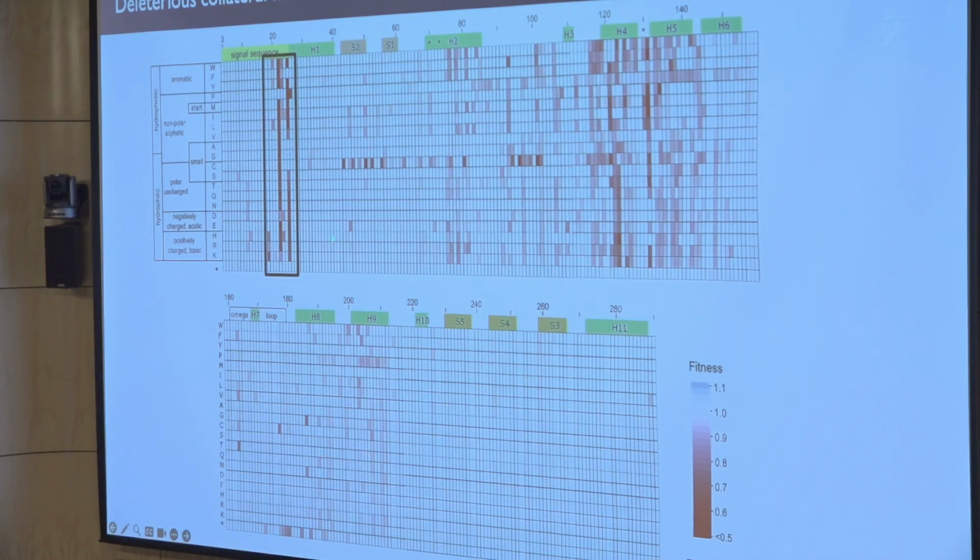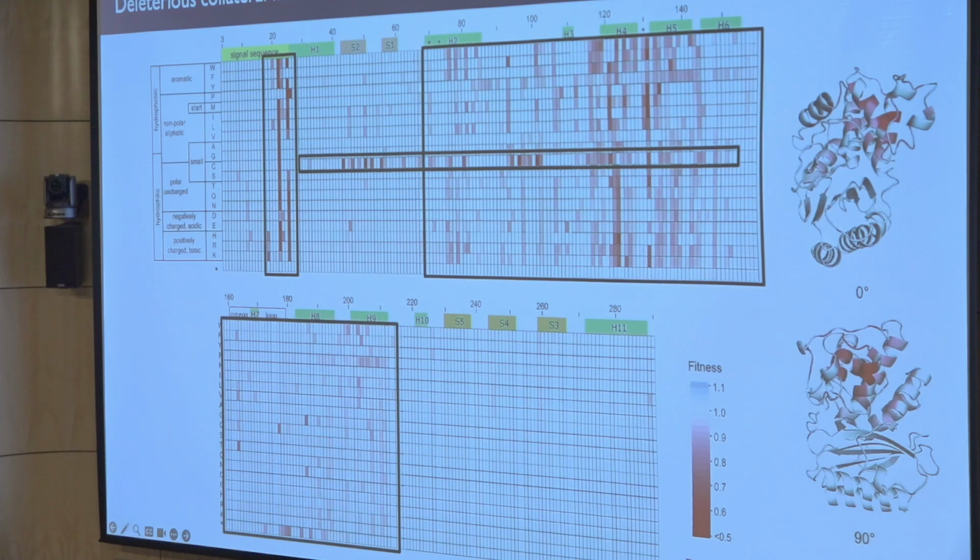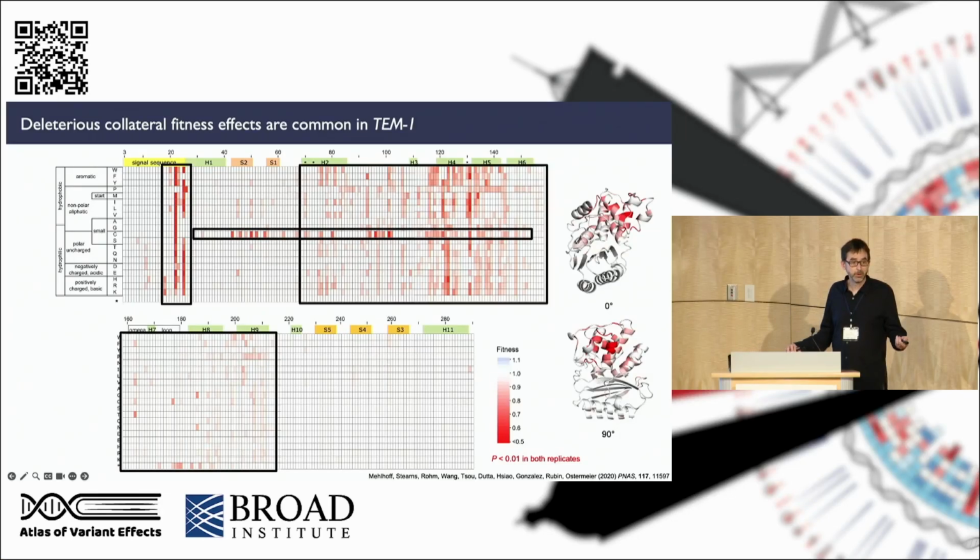So we can see that there are mutations in the end of the signal sequence. Mutations to cysteine are the most deleterious, and in the center of the protein, in this alpha domain, a large amount of mutations are deleterious, and that part of the protein is known to fold first.